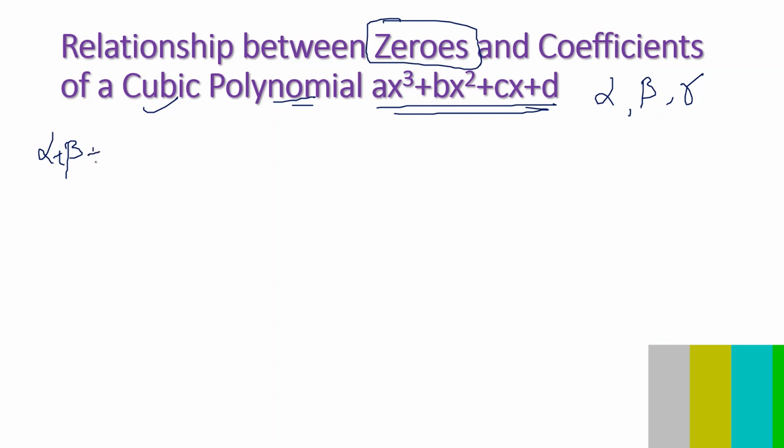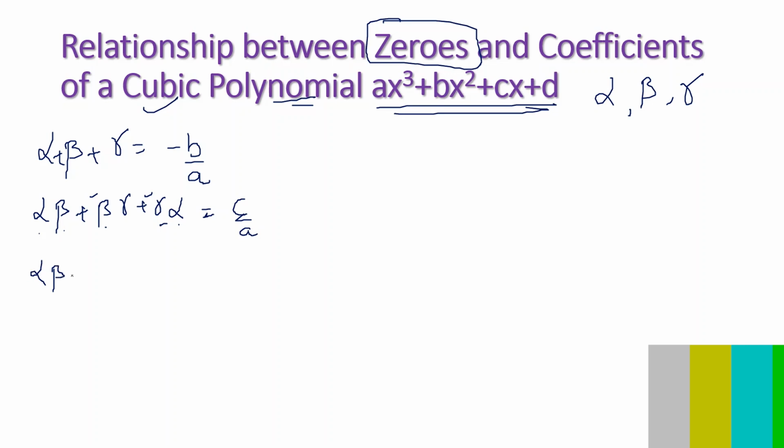Their sum alpha plus beta plus gamma is equal to minus b by a, and alpha beta plus beta gamma plus gamma alpha, the sum of the zeros taken 2 at a time, is equal to c by a. You can just learn this because the proof is not in your syllabus. And the product of the roots is equal to minus d by a.